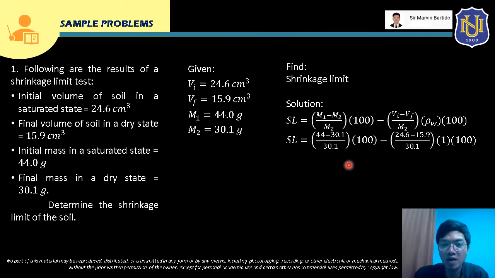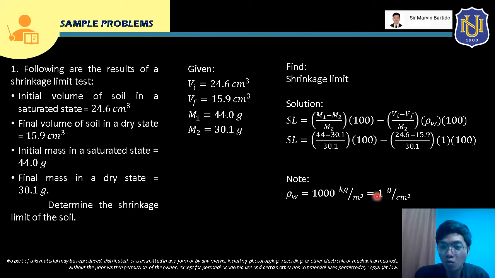Okay, so substituting the values here. Our M sub 1 is 44. Our M sub 2 is 30.1, and 30.1 also in the denominator. Our V sub I is 24.6, V sub F is 15.9, and M sub 2 again is 30.1. And then plus the density of water. Take note that the density of water is 1,000 kg per cubic meter, or when converted, 1 gram per cubic centimeter. What we need is 1 gram per cubic centimeter, because our givens are in grams and cubic centimeters.